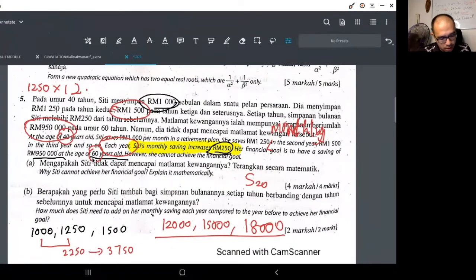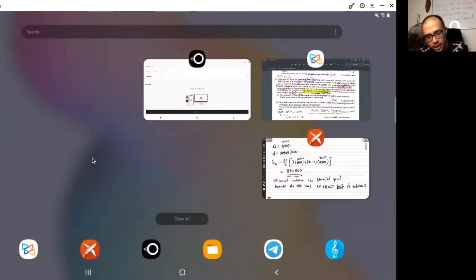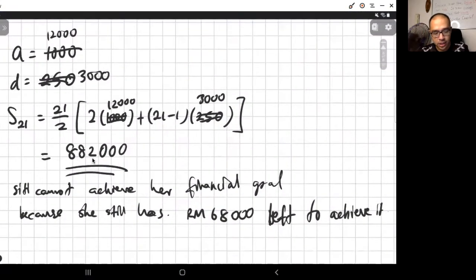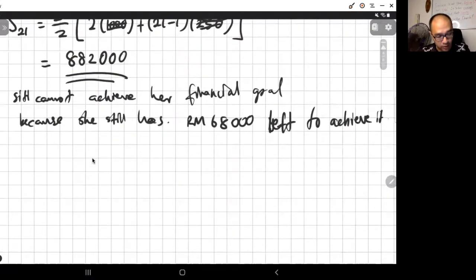So how much does Siti need to add to her monthly saving each year compared to the year before to achieve her financial goal? Oh, man. Okay, so the question now is how much does she need to increase every year in order to reach the 950,000?